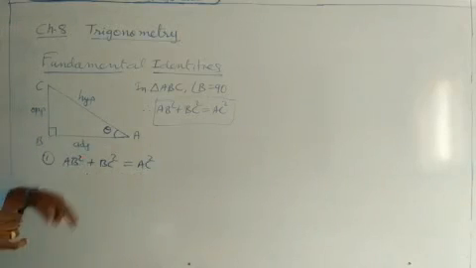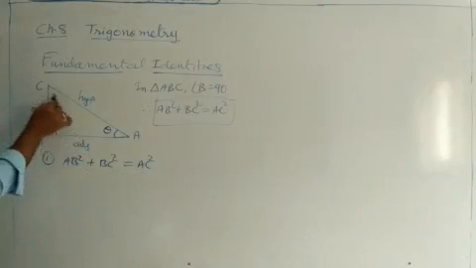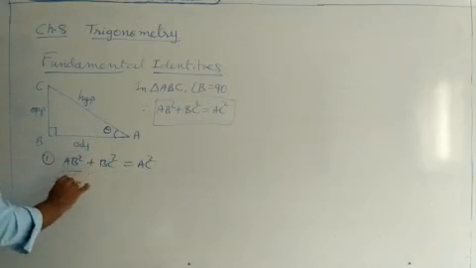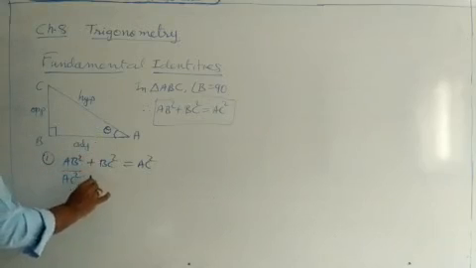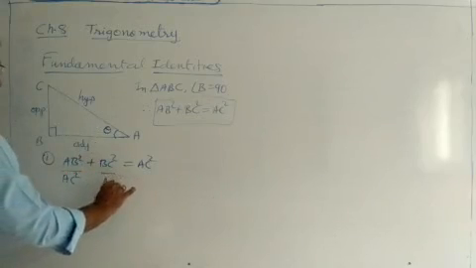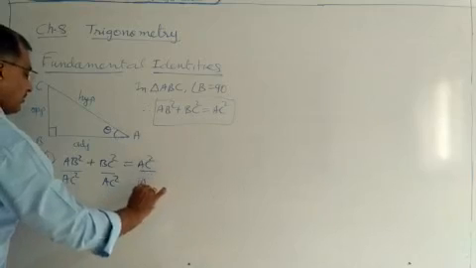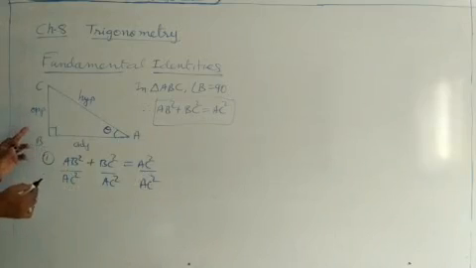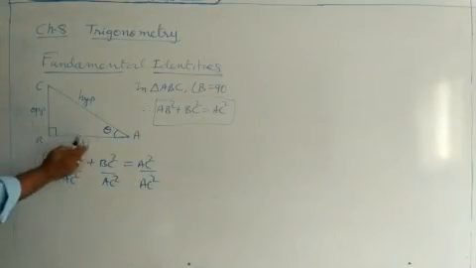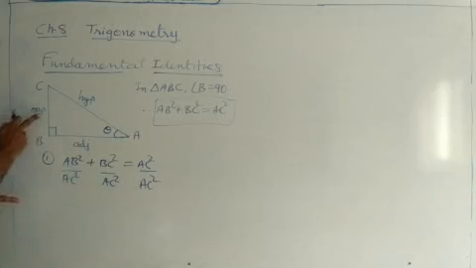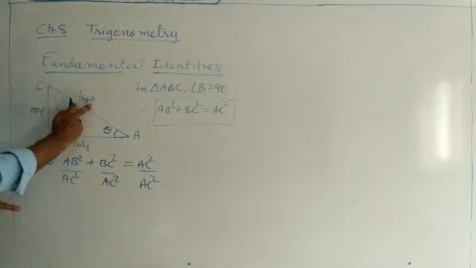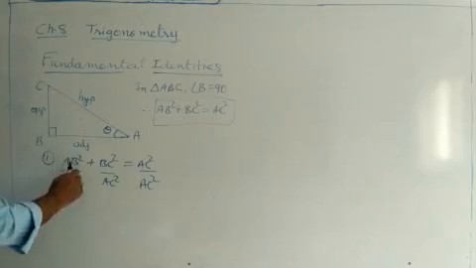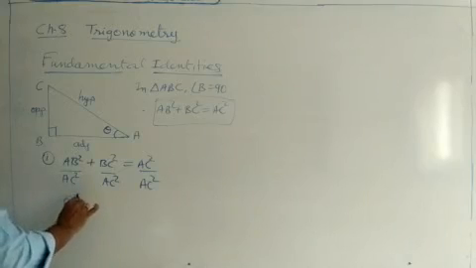Now, dividing each of these terms by square of hypotenuse, that is AC square, we get AB square upon AC square. As we have learned trigonometric ratios, AB adjacent side upon AC hypotenuse is cos theta. Therefore, as it is square, we say it is cos square theta.